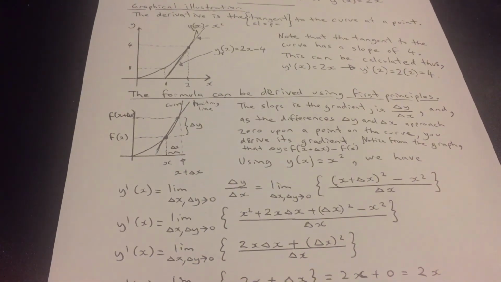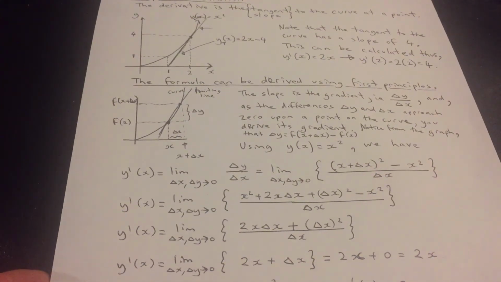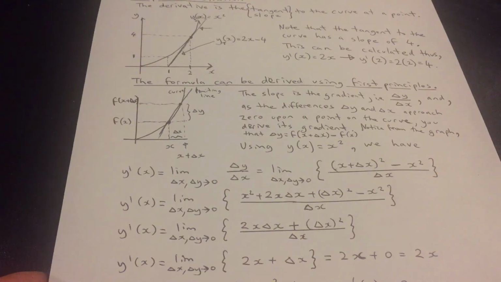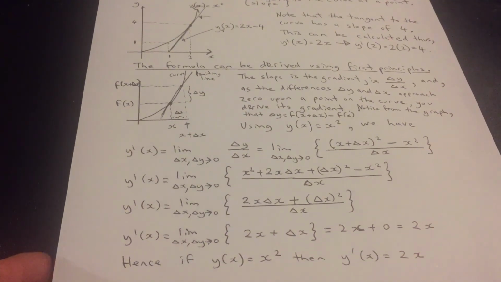Then we do further tidying up by dividing through by delta x, and you end up with 2x plus delta x. And since we're taking the limit as delta x and delta y approach 0, we're left with 2x plus 0, which equals 2x. And hence, if y of x equals x squared, then the derivative y dash of x is 2x.